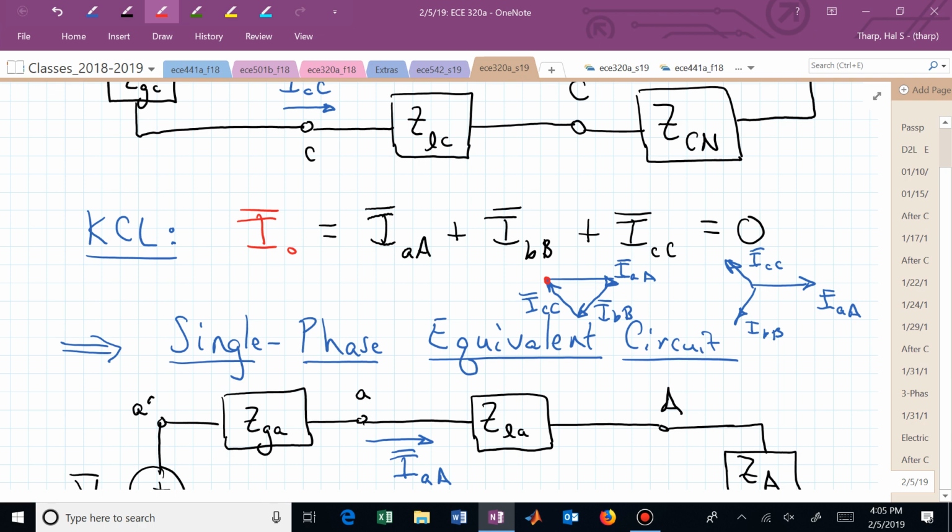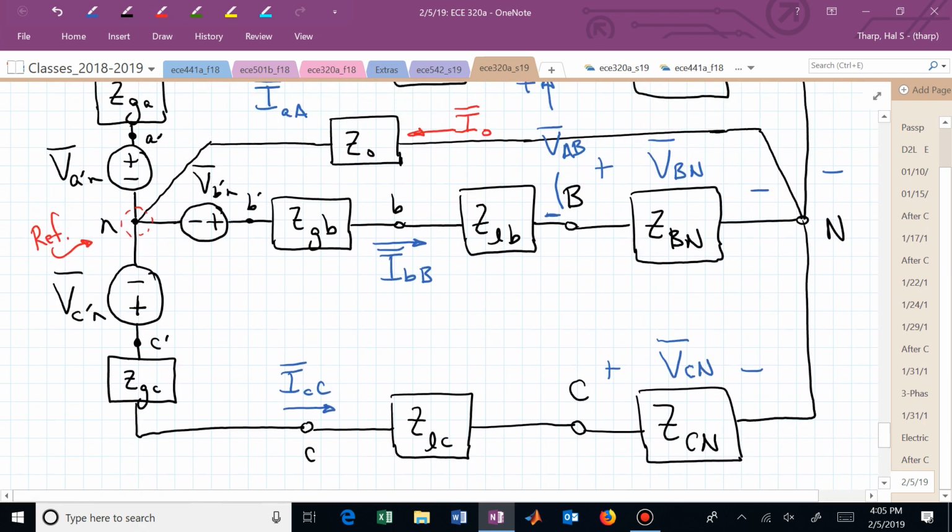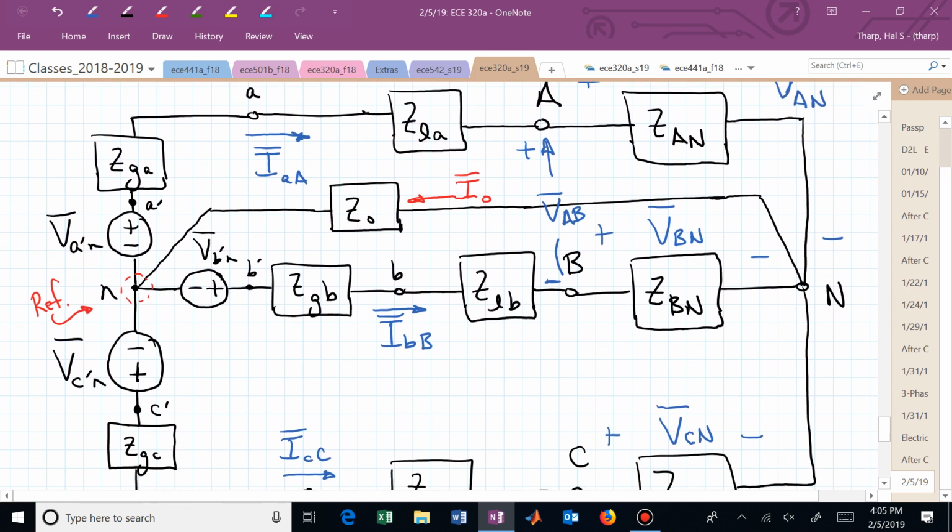Yes? The voltage generated by the source does... So the voltage source now, everything is taking care of the balanced configuration. We've assumed that these generator voltages are a balanced set of voltages. And if all of these impedances are equal, then we have that condition.